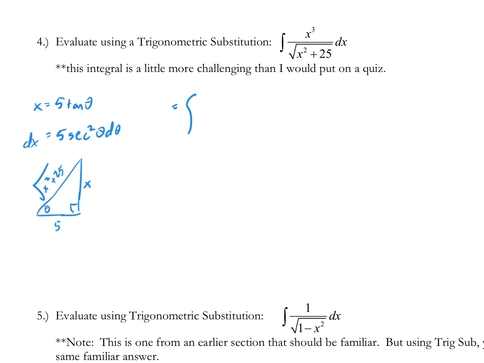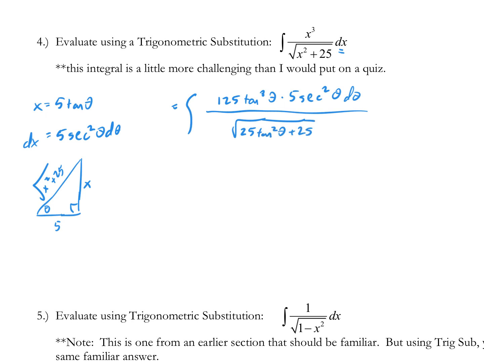Up in the numerator, x cubed is 125 tangent cubed theta. I'm going to put the dx up top too, times the dx substitution is 5 secant squared theta d theta. And then down in the denominator, the square root of x squared, that would be 25 tangent squared theta plus 25. Okay, pause the video if you need to digest where everything came from.